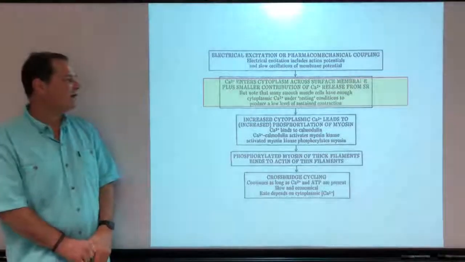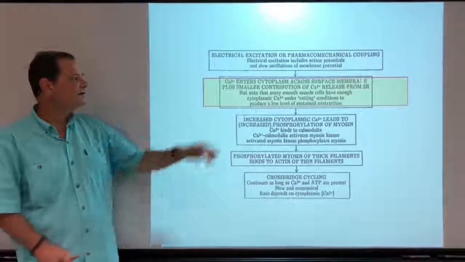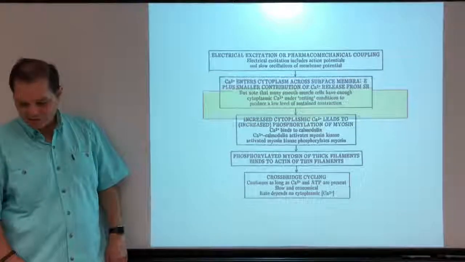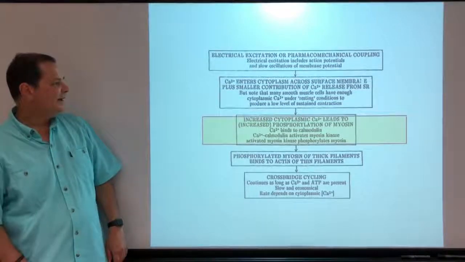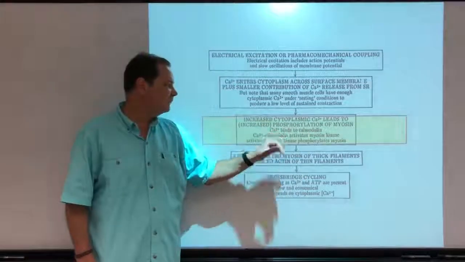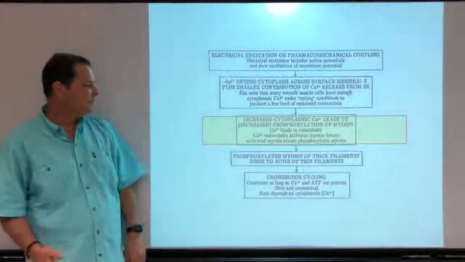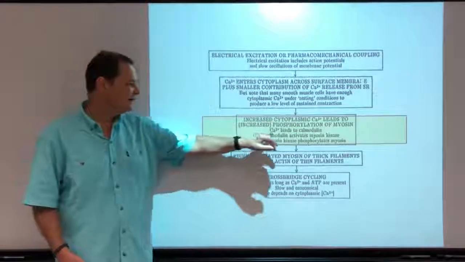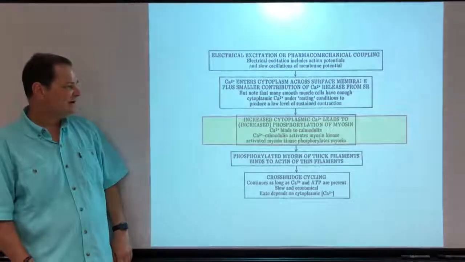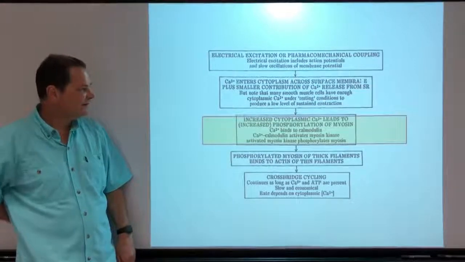But nevertheless, you should know, any increase in calcium will increase the force of contraction in smooth muscle. And then we have increased phosphorylation of myosin through myosin light chain kinase. Calcium binds to calmodulin. Calcium calmodulin activates myosin light chain kinase, and that phosphorylates the myosin.